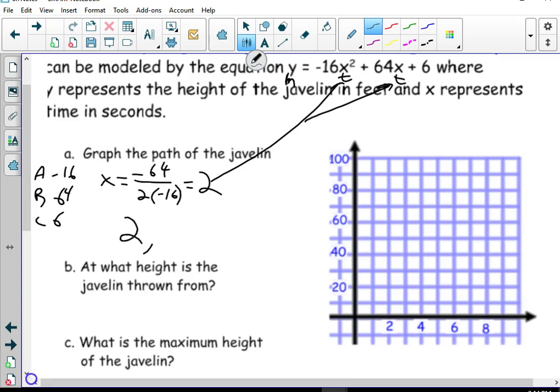Okay. So the vertex is at 2, 70. Let's put a dot there, 2 up here at 70. It's being thrown up in the air, coming down.